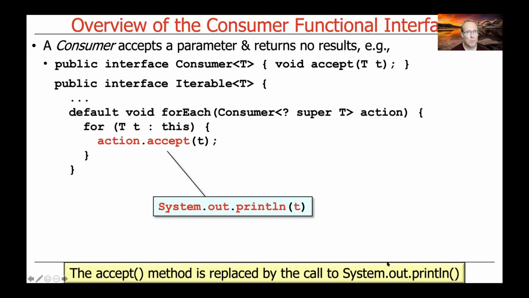That's going to be replacing logically action.accept. So what's happening in essence is for each element in the list, for each thread in our list in this example, it's going to go ahead and print the thread, which will just print the name out. So that's a very concise, very simple example demonstrating how you can pass in the println method as a consumer to the for each method.